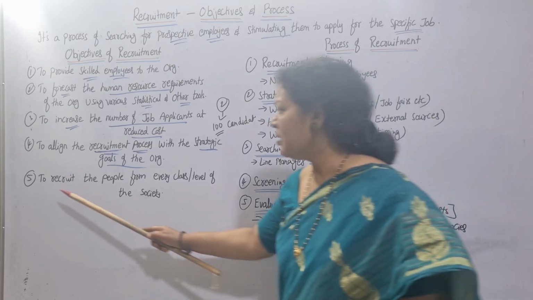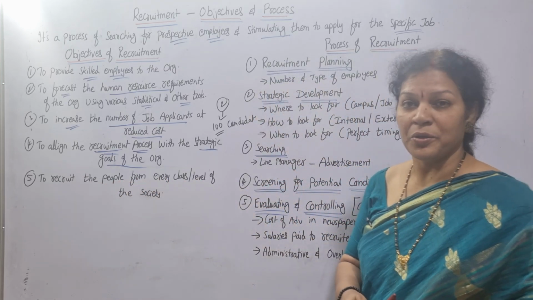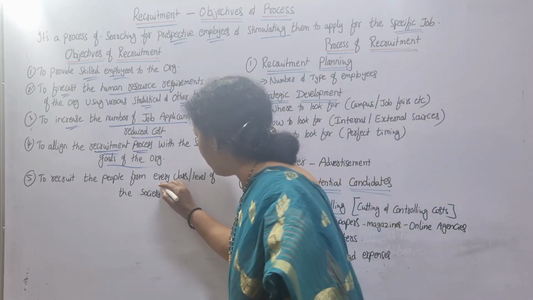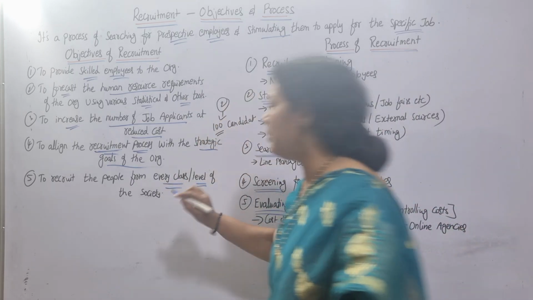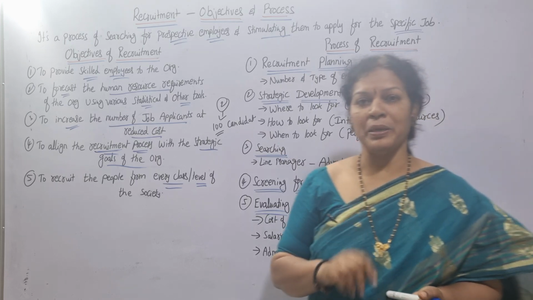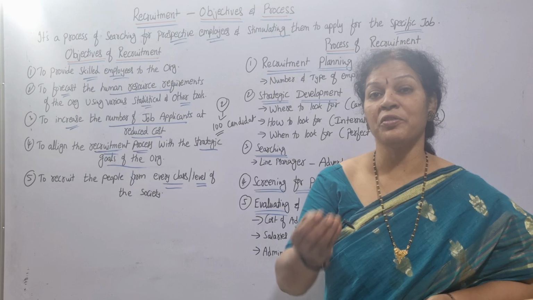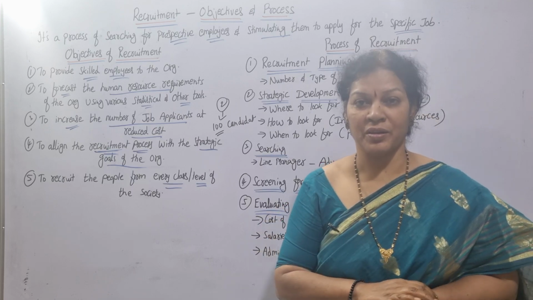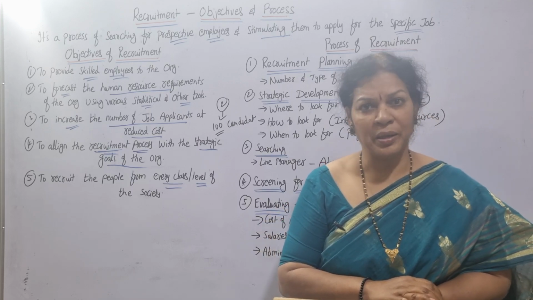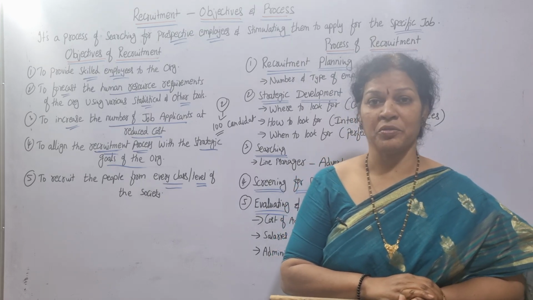The last one is to recruit people from every class or every level of the society. Suppose we have only male employees in the organization. We have to stimulate women employees also to be part of the organization. Sometimes homemakers and physically challenged employees also.